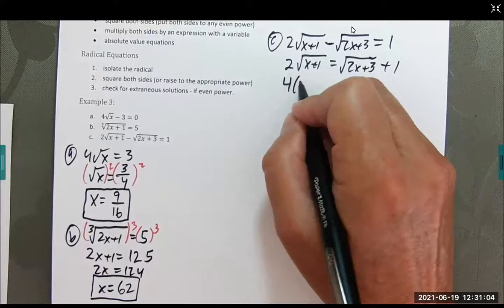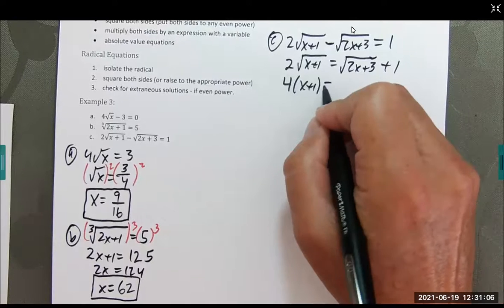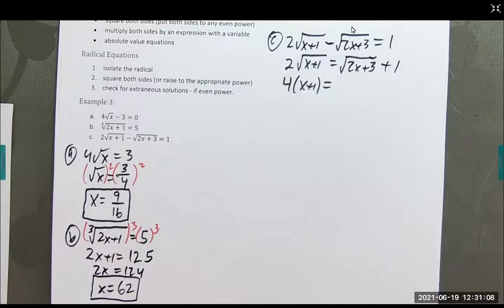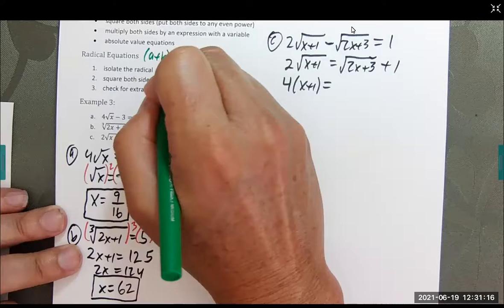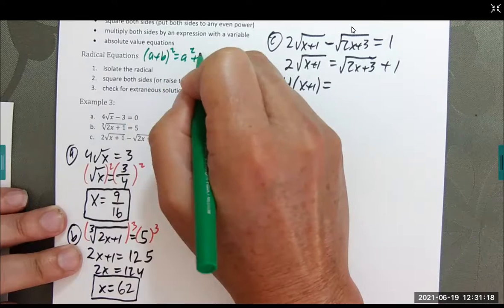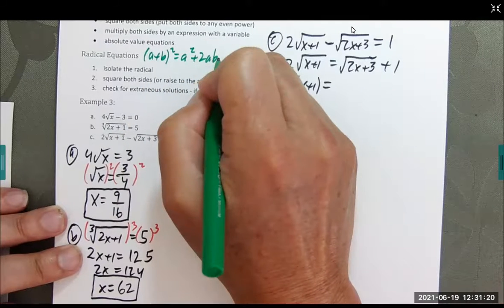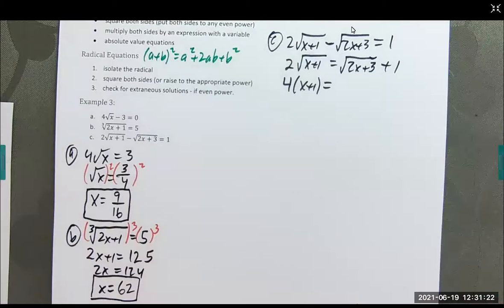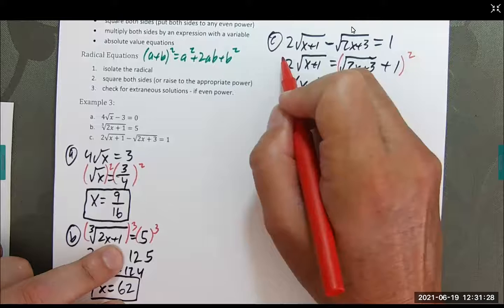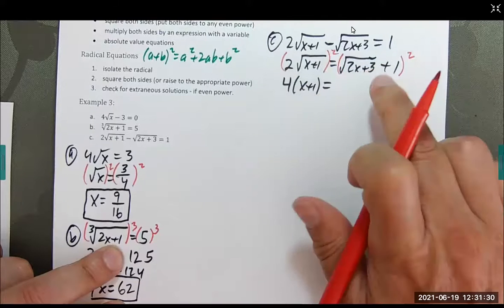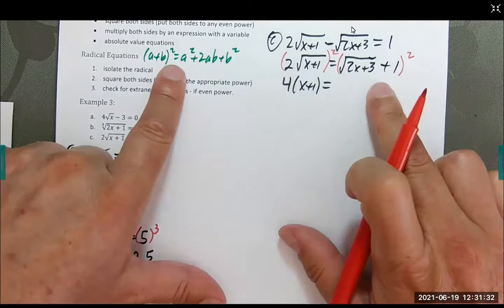Now, this gets a little crazy. If you can recall this formula, that is going to apply to this side. A in this case is the radical 2x plus 3.